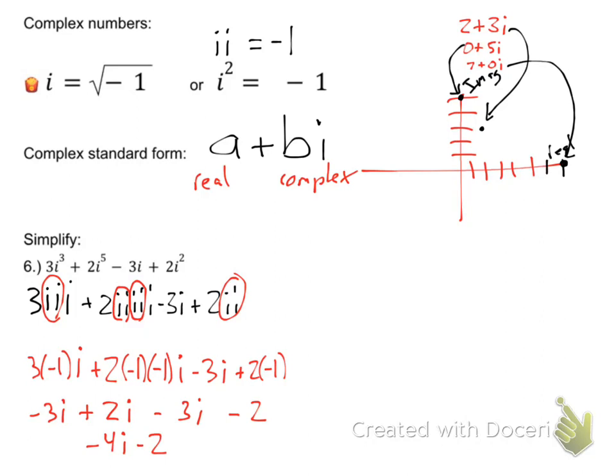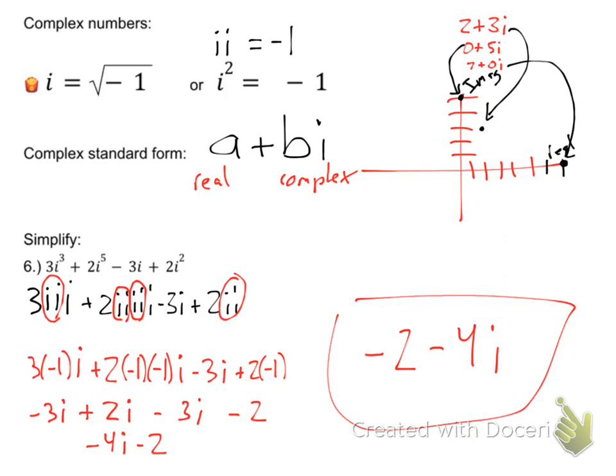It's all grouped together. Everybody seeing that? The only thing is that that is not in complex standard form. How would I change it up? It'd be negative 2 minus 4i. And you now just simplified this complicated looking expression.